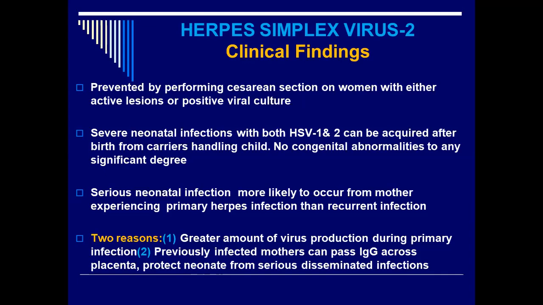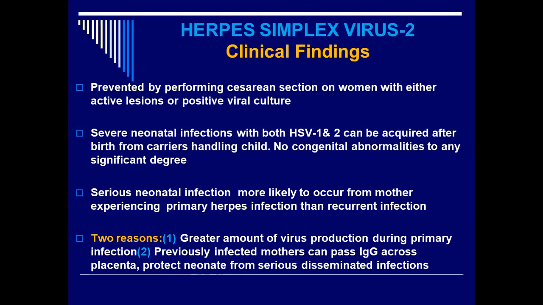There are no congenital abnormalities to any significant degree with HSV2, as we see in the case of rubella virus. The rubella or cytomegalovirus cause these congenital abnormalities, whereas these abnormalities have not been reported with HSV2 infection.